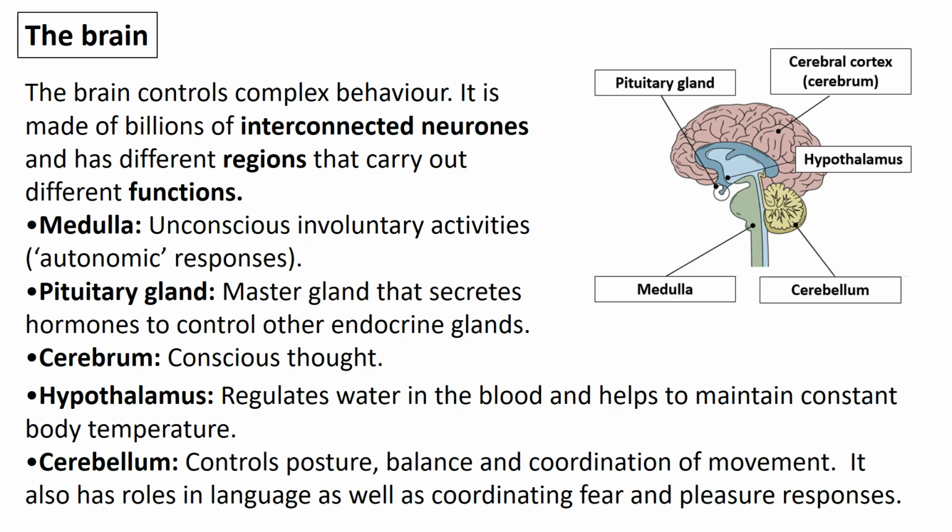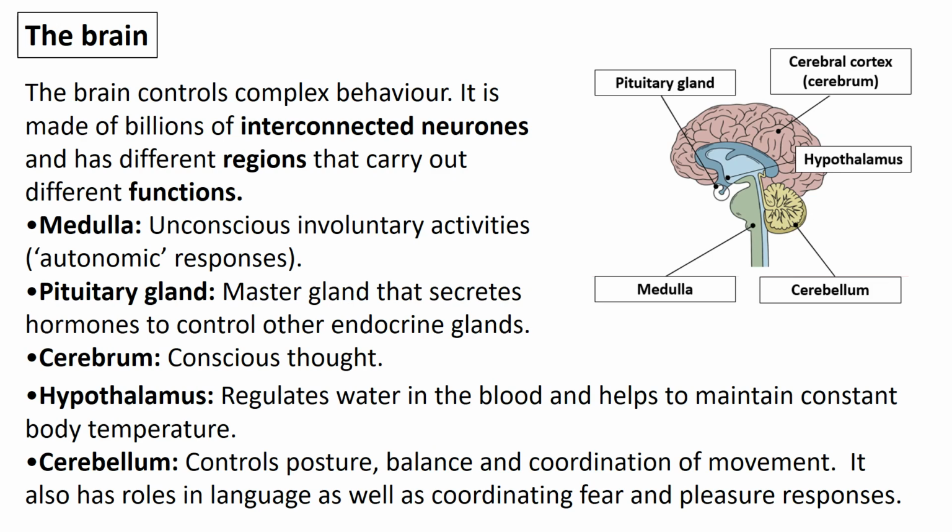The thing that makes you you is in the cerebral cortex. Tucked away again in the middle here is the hypothalamus. We've just talked about the hypothalamus containing that thermoregulatory center, so it's a really important part of the brain with those receptors for that. And it also actually helps to regulate water concentration in the blood.